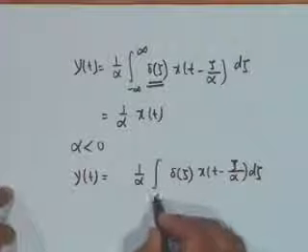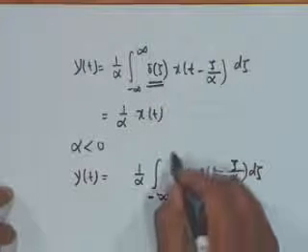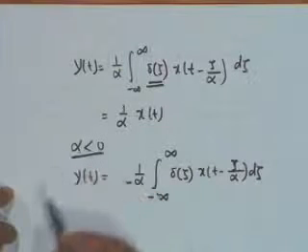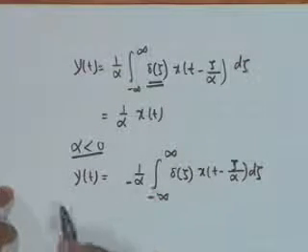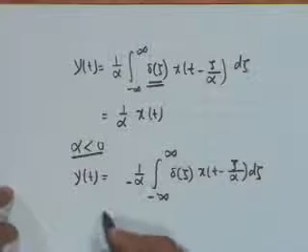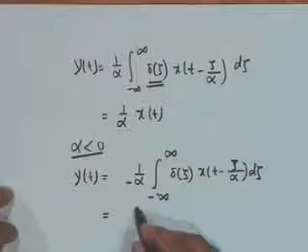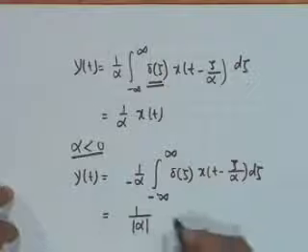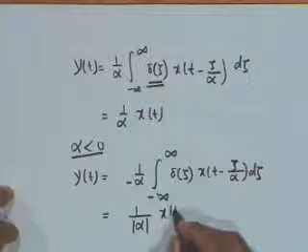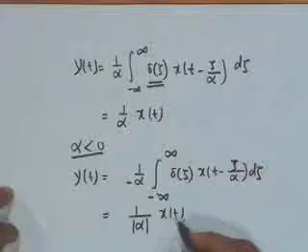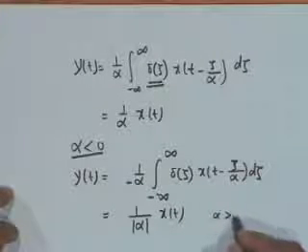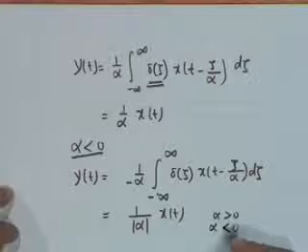Which you can take care of by saying minus infinity to plus infinity and using a minus sign here. But since alpha itself is negative, 1 by minus alpha is a positive quantity, and therefore this simply becomes 1 by mod alpha, that is ignoring the sign, times x(t). And this result obviously is true for alpha greater than 0 or alpha less than 0.